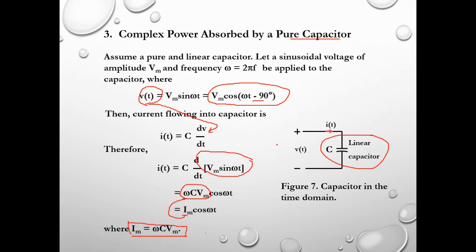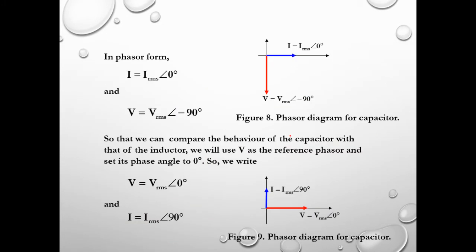We have the supply voltage with amplitude Vm, and we have the i(t) over here, and this is how the phasor form looks like.